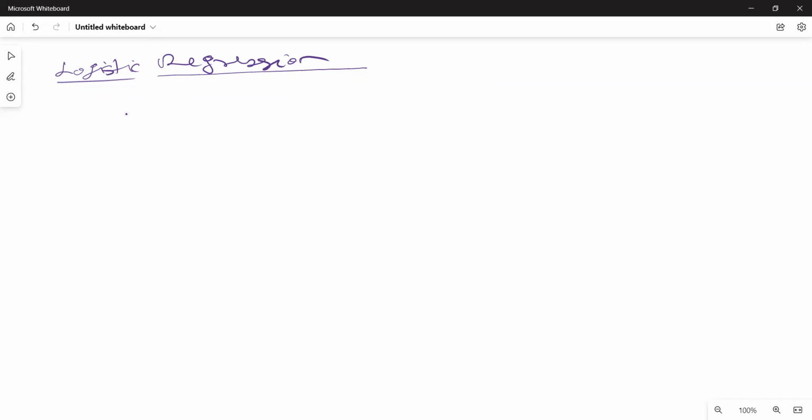Okay, so logistic regression is the second technique that we're going to see in the regression chapters. So in the linear regression that we saw, we had a set of features and a y variable which was continuous in nature.